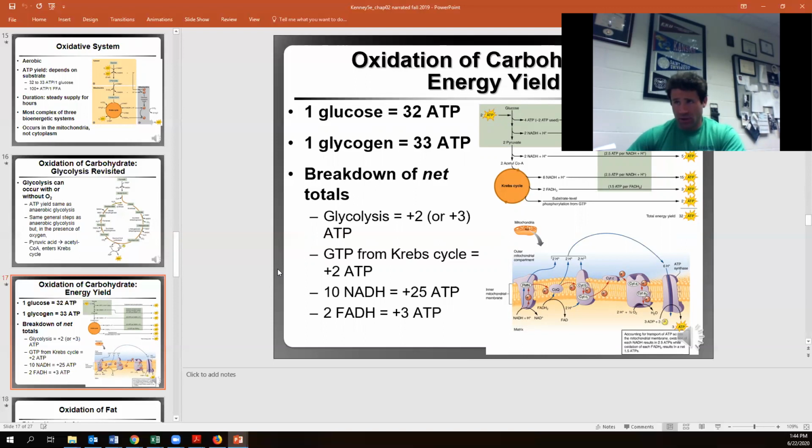Now, if we go from glycogen, we get a net of 33 ATP. So that gives us even more energy than what we would have done before, because we only had to use 1 for activation. And then you can also see how we're going to get those protons to create the electrochemical gradient in the electron transport chain in the bottom right, and that's going to allow us for that energy production. And then how much ATP we net from every NADH and every FADH2.